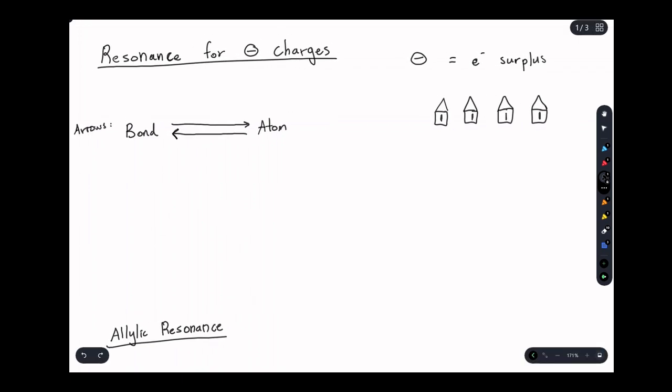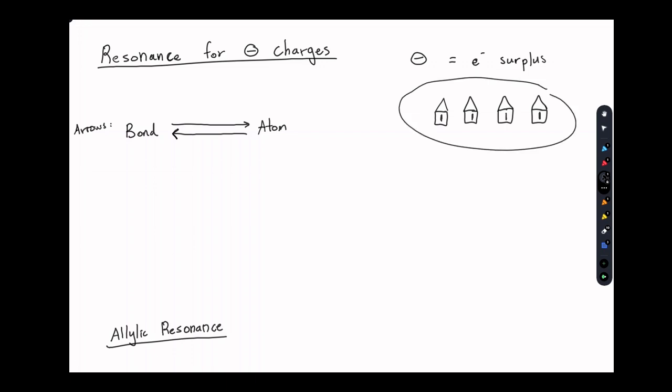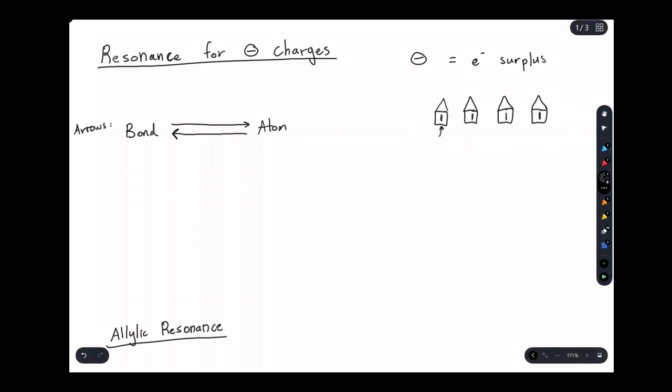Going back to the Canadian housing metaphor, the electron surplus is much more like what we see today, where a normal molecule has electrons, which are these little people, in every atom, which are the houses. In an electron surplus, we have too many electrons that we can't provide atoms or housing for.